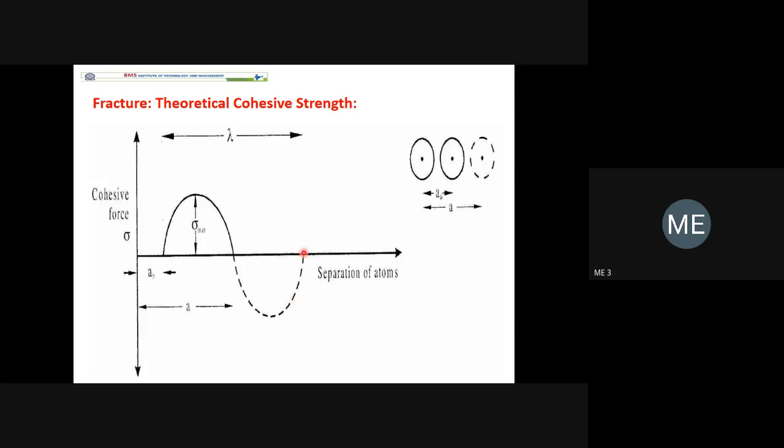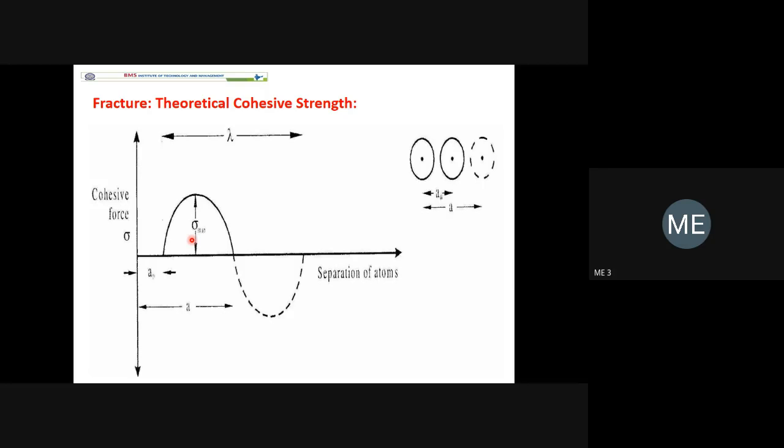You are not concentrating on the repulsive force, you are concentrating more on the cohesive force. Once you apply a sufficient amount of stress or load to overcome this cohesive force, we can break the atomic bonding. So initially there is a huge resistance to the separation of the bonding.